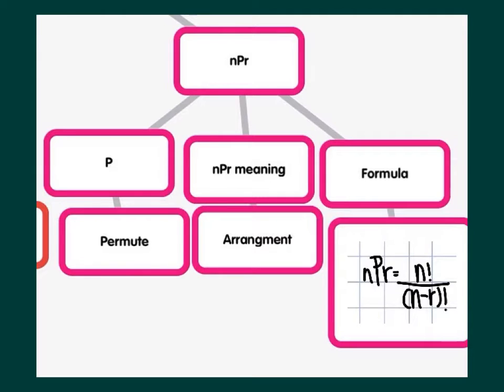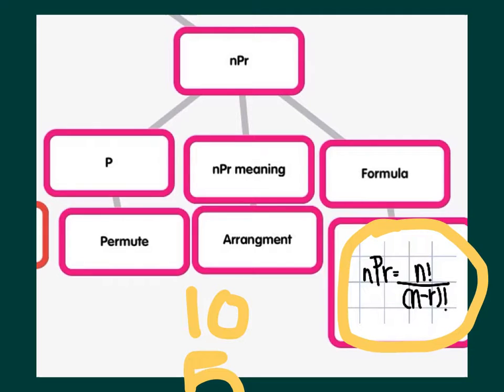For example, if we have 10 blocks and we want to see how many times we can arrange 5 of them, making different pairs, we will have to use this formula instead of the last one. The last one, the nCr, was about the selection, so how many possible ways of selecting without repeating. This is the arrangement. They're really different concepts.